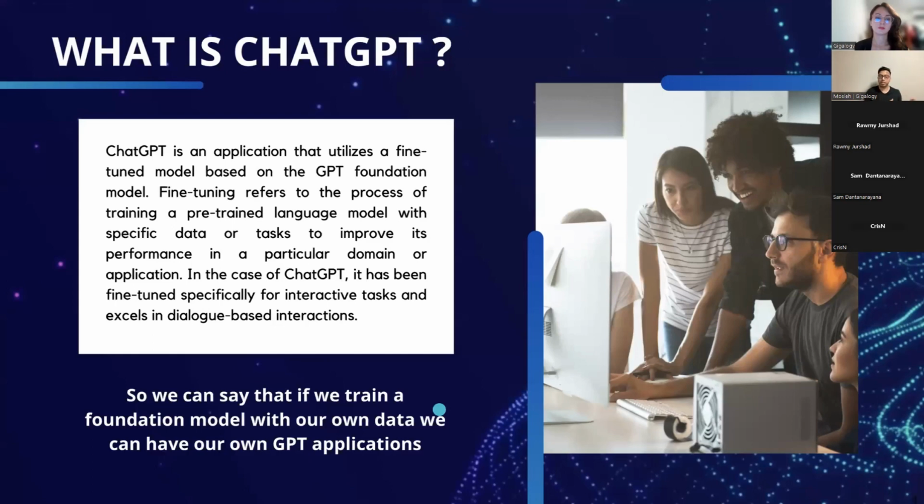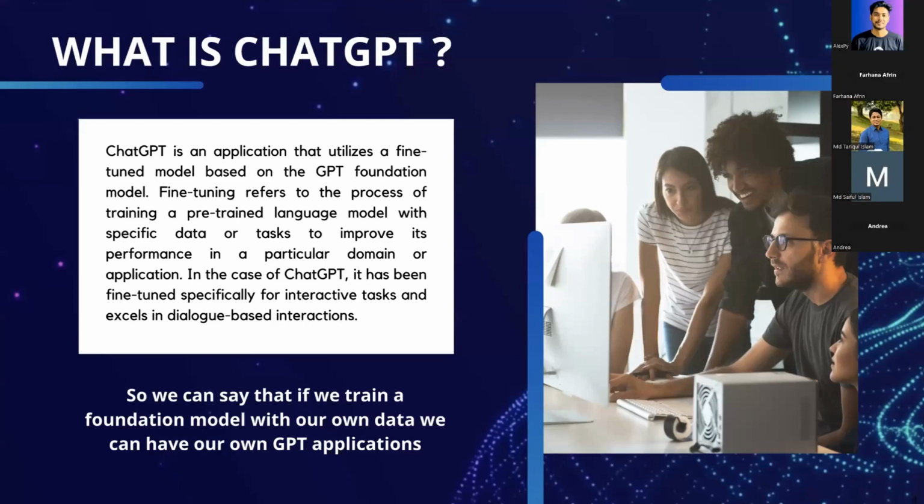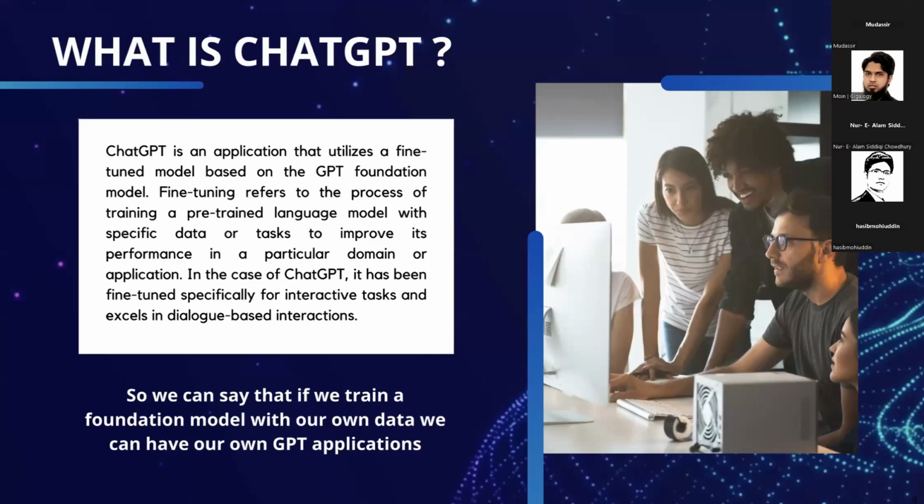As we just discussed, fine-tuning refers to the process of training a pre-trained language model with more specific data and more specific instructions. In the case of ChatGPT, it has been fine-tuned in a way that it is really good at interactive tasks and excels in dialogue-based interactions. Obviously, GPT-4 can do more than that, but initially that was the start.